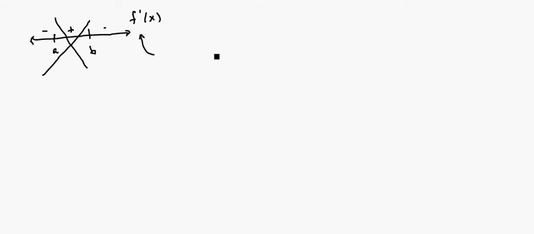But the classic issue is, if we have a point, let's say x equals a, where we know the first derivative is equal to 0. In other words, we have a candidate for a turning point. Maybe a turning point, maybe not, but we don't know whether it's a max or min.